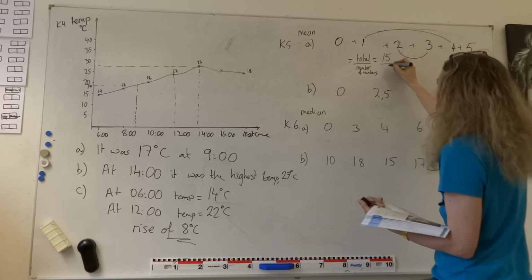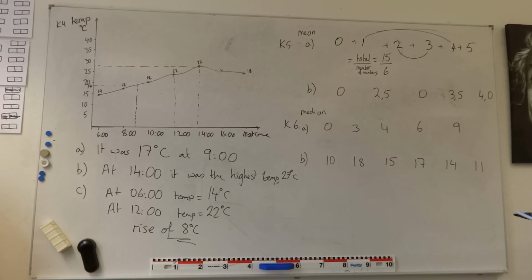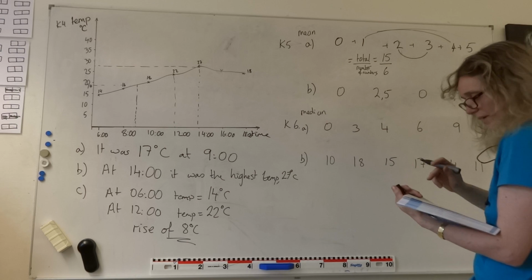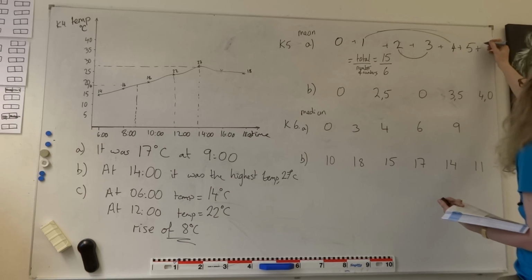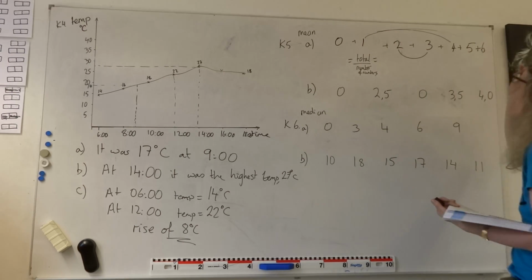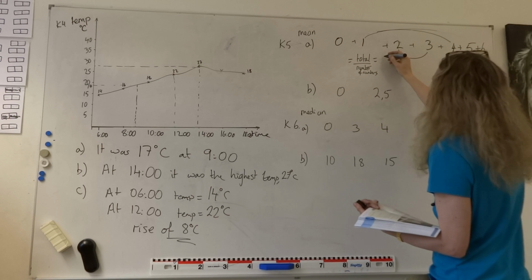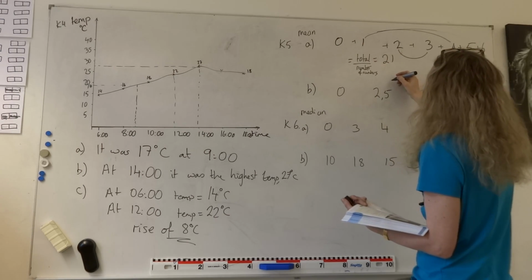And very important here that we actually use the 0. Oh, whoops, I have wrong here. There should be a 6 in that as well. Sorry, there should have been a 6 in the end there. My question was wrong. So it was 15 plus 6 would be 21. So the total of all our numbers is 21.